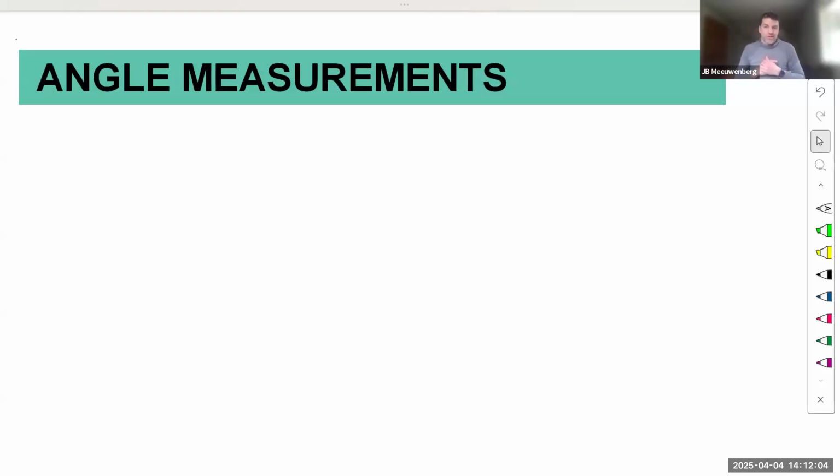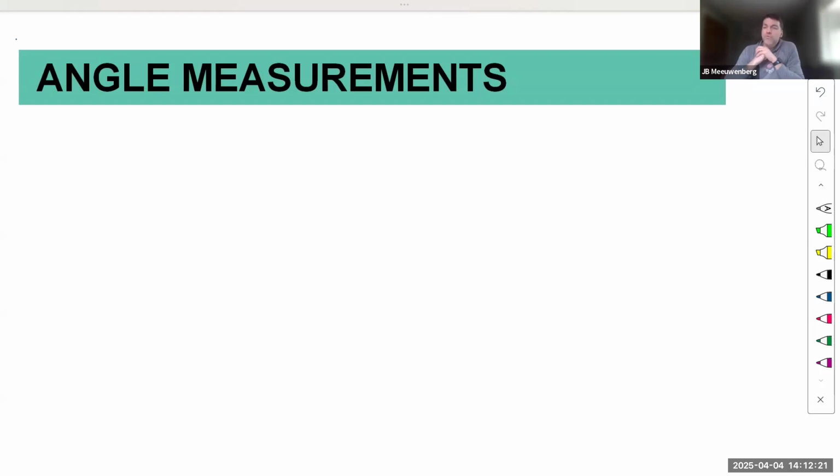Earlier in the course, we talked about ancient numeration systems, right? And we talked about Roman numeration systems and Mayan numeration systems and Babylonian numeration systems and the different bases that went along with them.